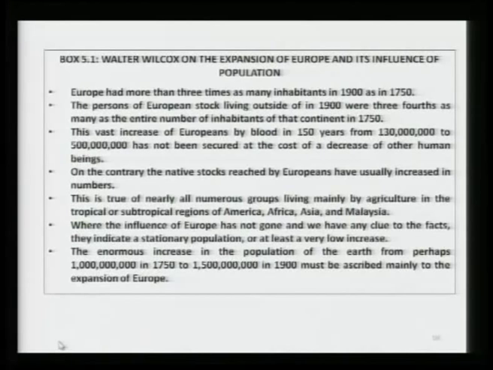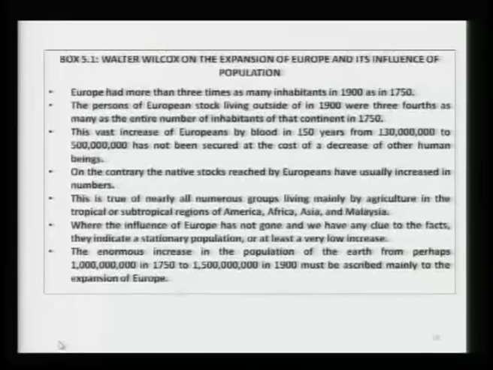All those less developed countries where European influence was not seen, which remained outside colonization, their population remained stationary, and the enormous increase in the population of the earth from perhaps 1 billion in 1750 to 1.5 in 1900 must be ascribed mainly to the expansion of Europe.